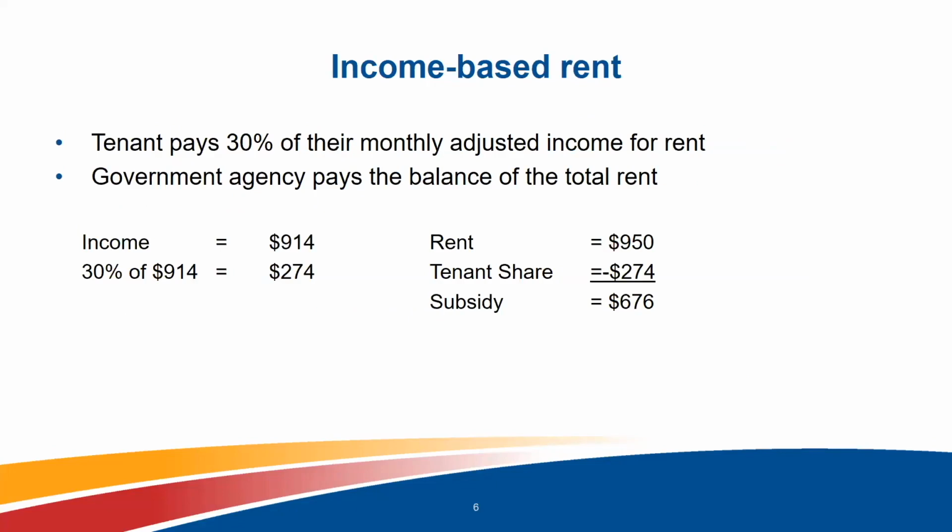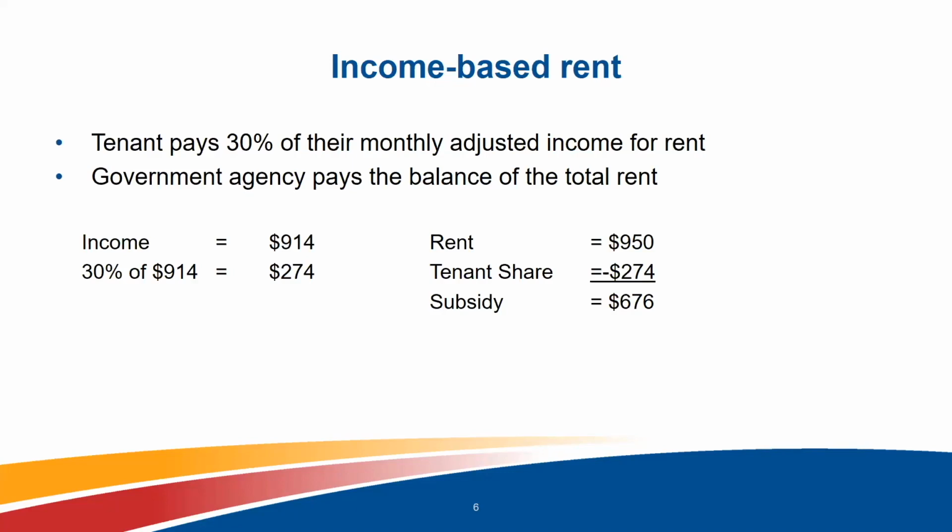The affordable housing programs we will focus on in this virtual workshop series offer people with disabilities and older adults income-based rents. That means the rent is based on what each tenant can afford based on their personal household income.